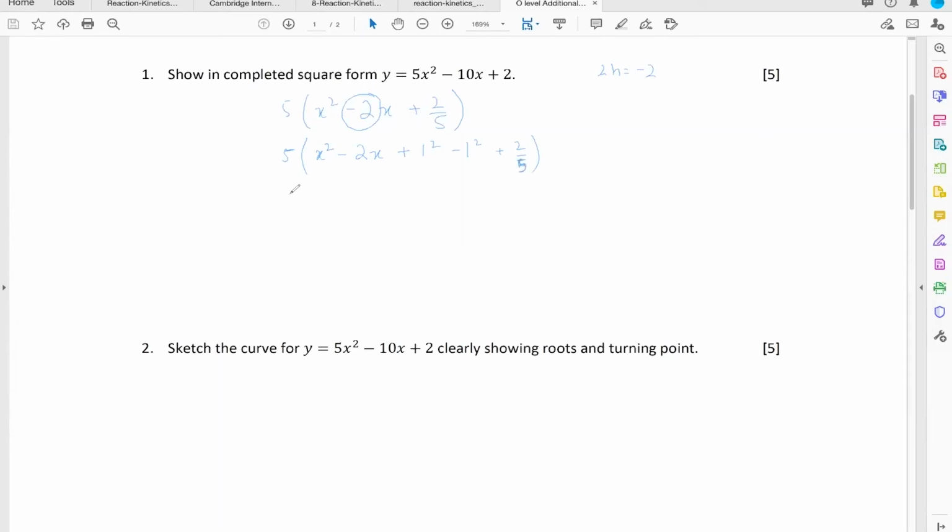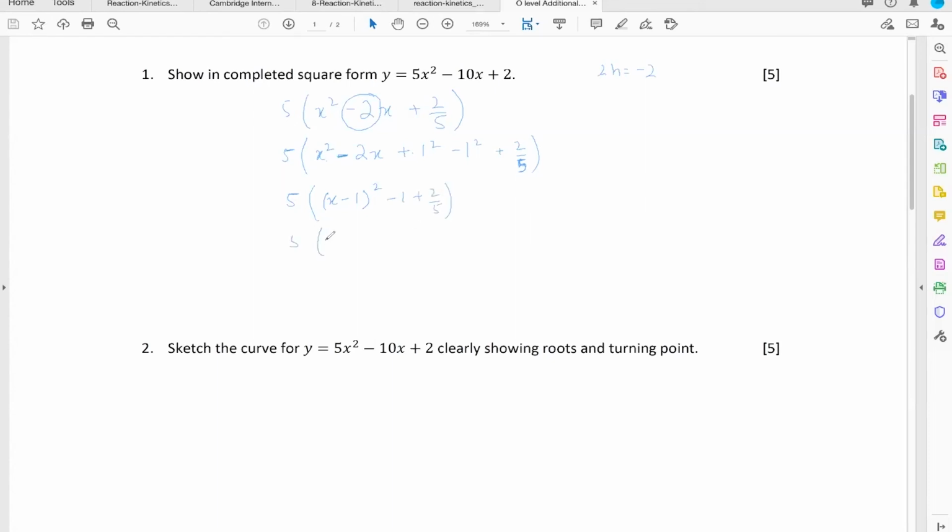Okay, moving on. Now what's the next step? Last step. You write x minus 1 whole squared, minus 1 because it is negative here. And then you simplify this side.